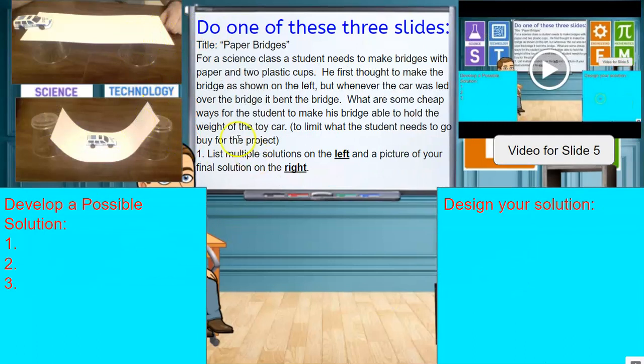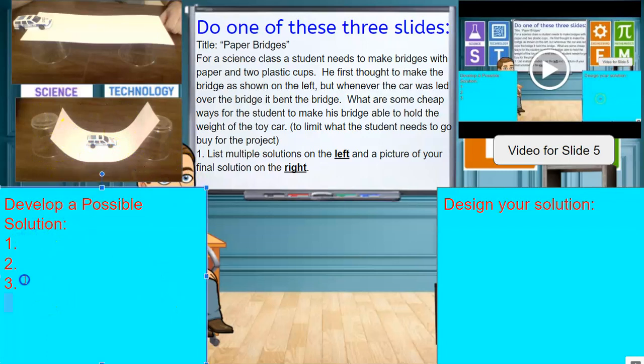And then slide 5 is trying to find a way. This person has a science project where they need to build a bridge with 2 plastic cups and 1 piece of paper. That's what they're given. And they need to build a bridge that this car can drive across. And the problem is that the car is heavy, so when it gets there, it just pushes the paper down.